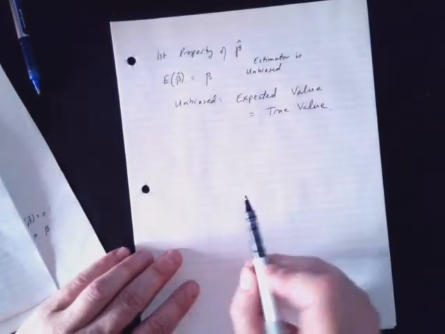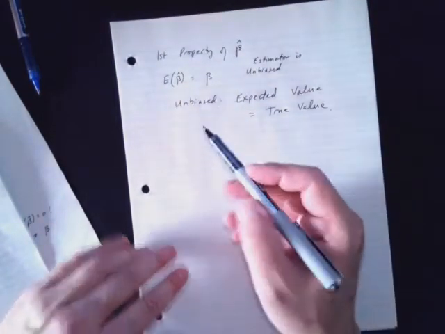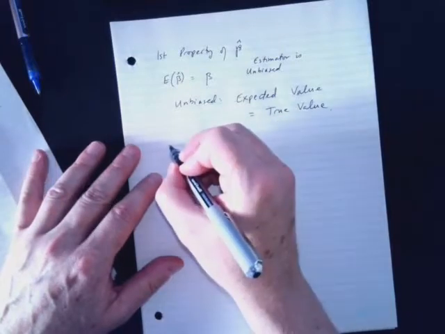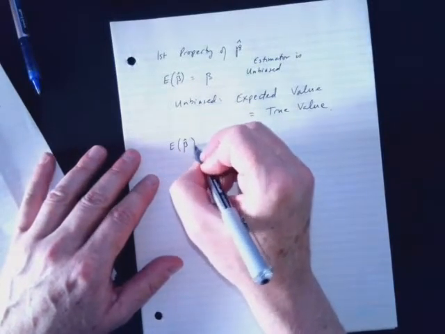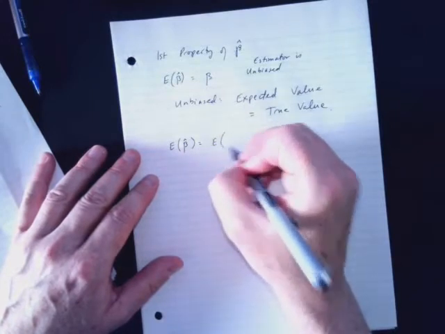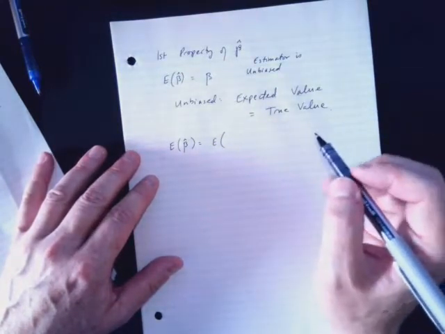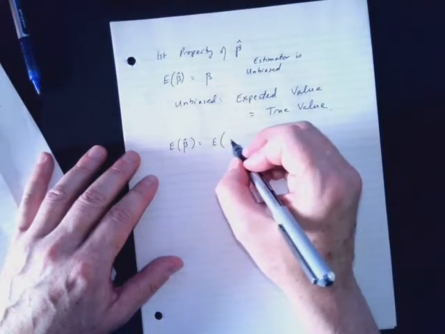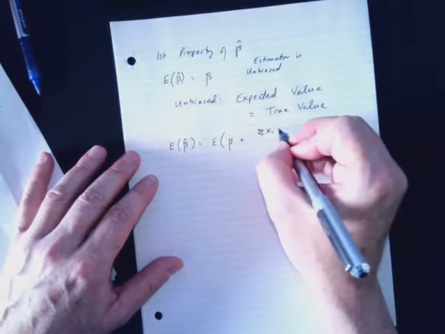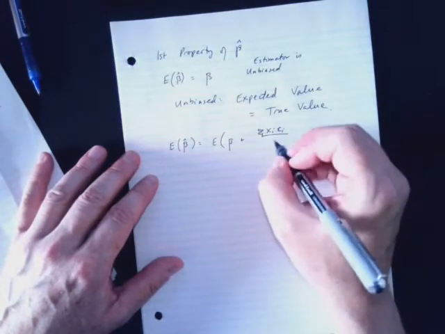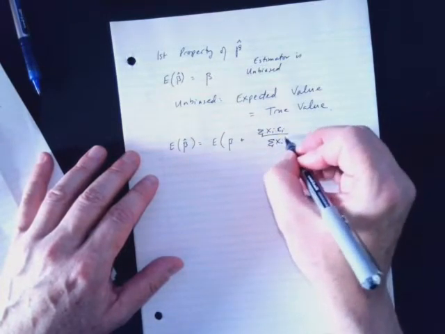All right, now, how do we know this? Well, let's go through the steps here. The expected value of beta hat equals the expected value of, now we're going to use that formula that we just derived, the one with the star. So it's beta plus the sum of x epsilon over the sum of x squared.